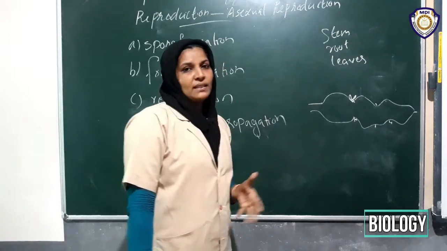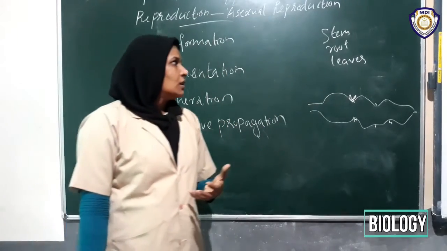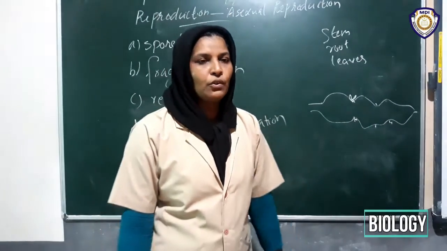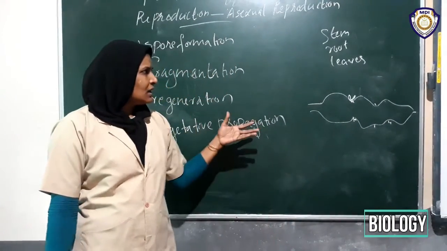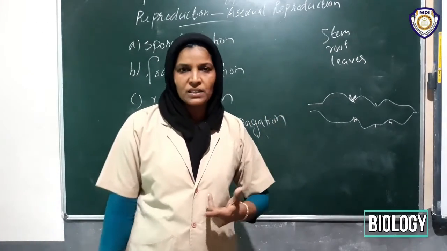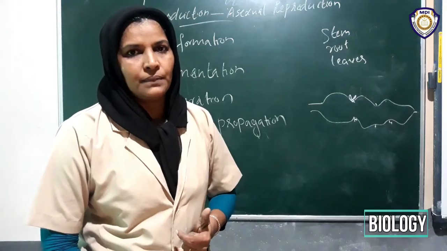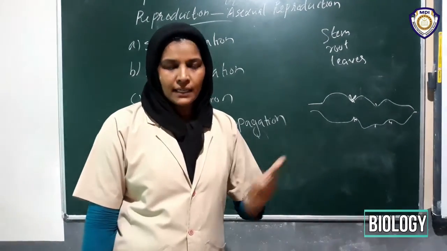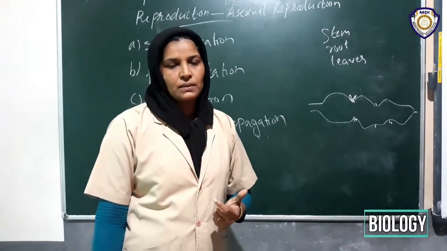There are three artificial methods for vegetative propagation: the layering process, the cutting process and the grafting method. I think they are familiar to you.